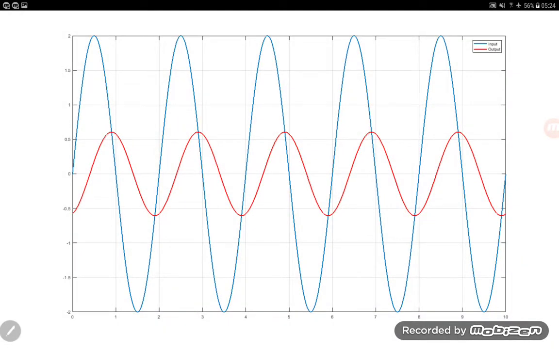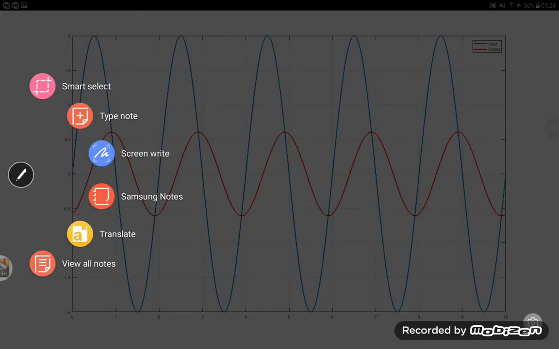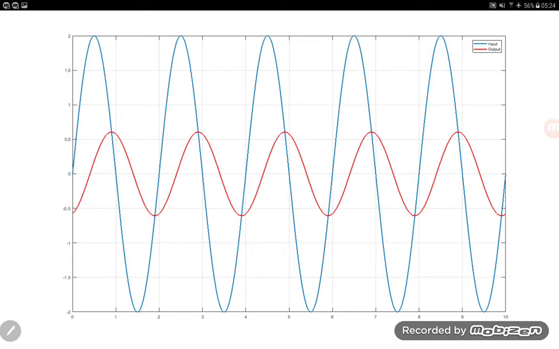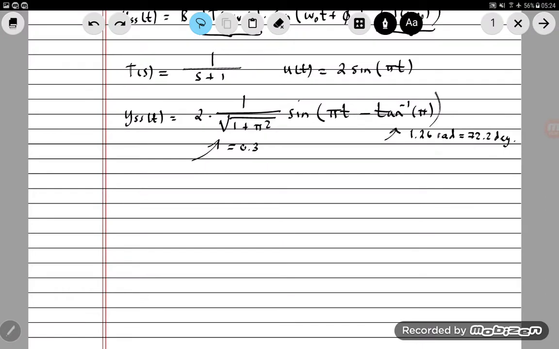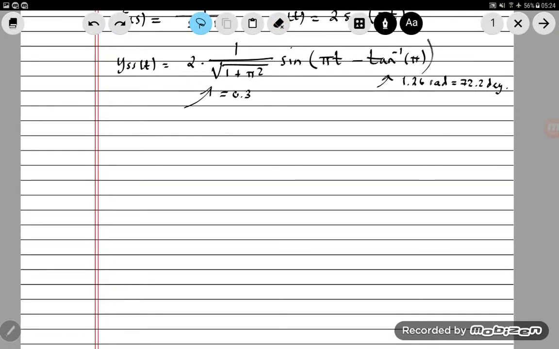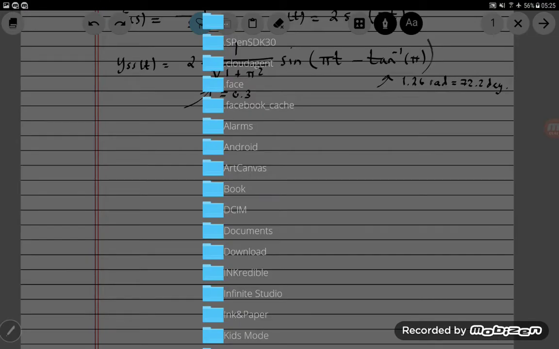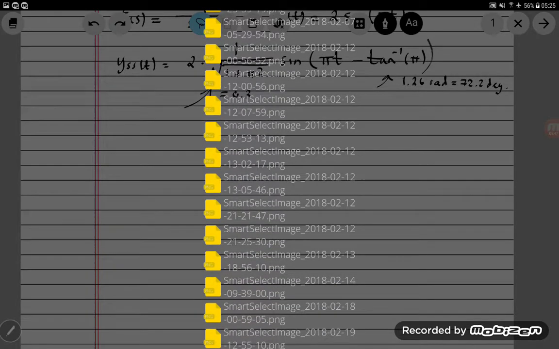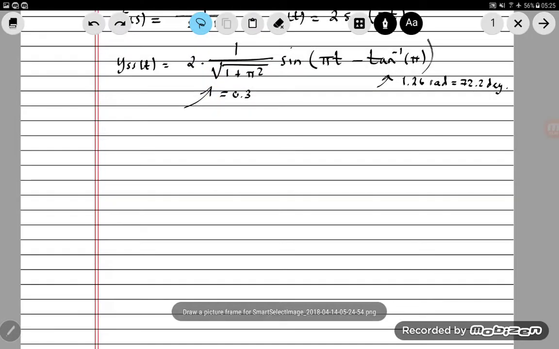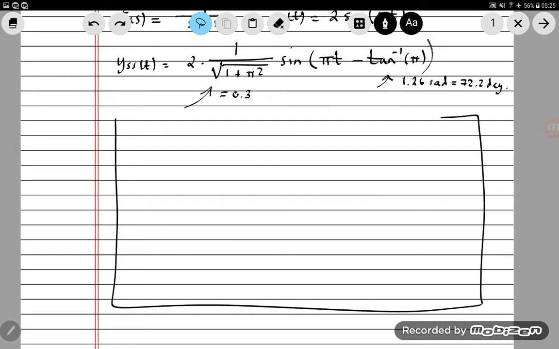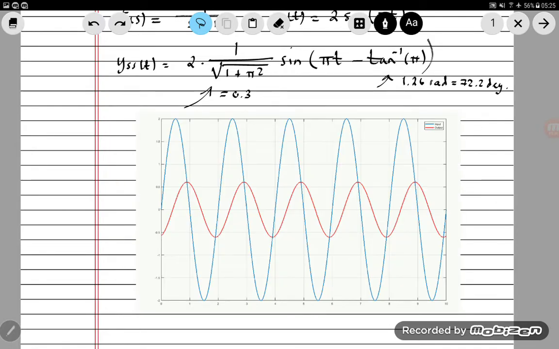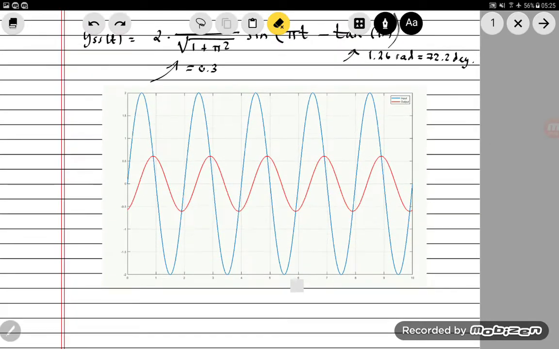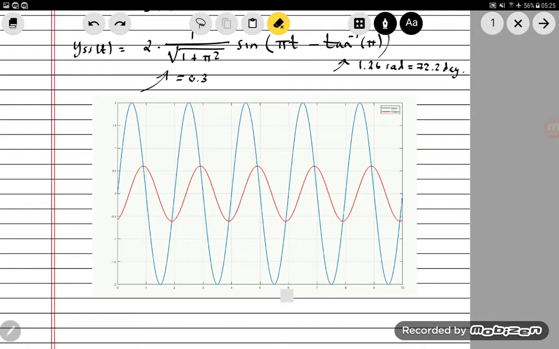And we can quickly borrow this figure. Okay. What's the easiest? Let's look at the amplification factor.